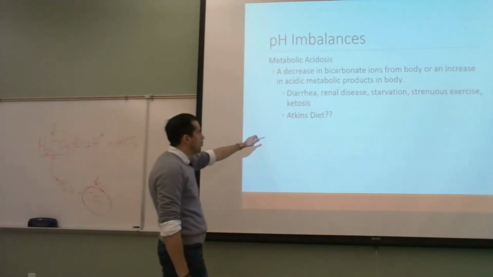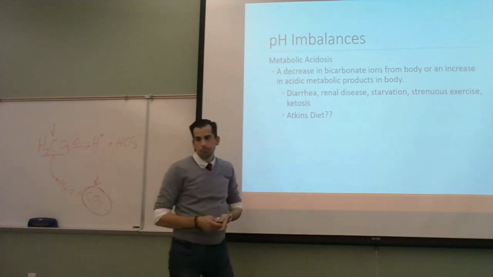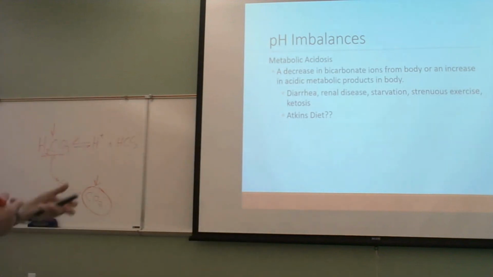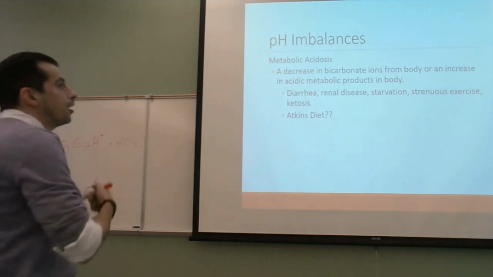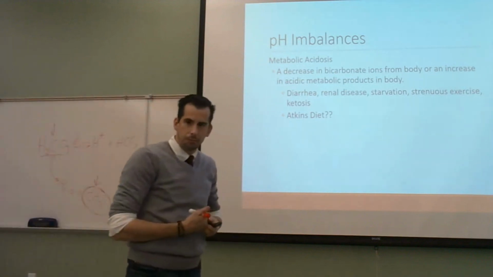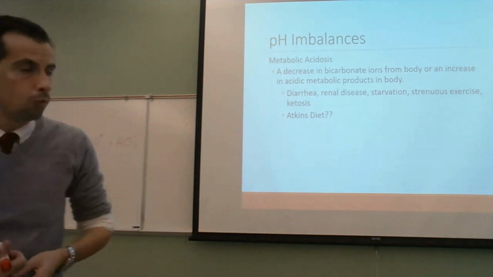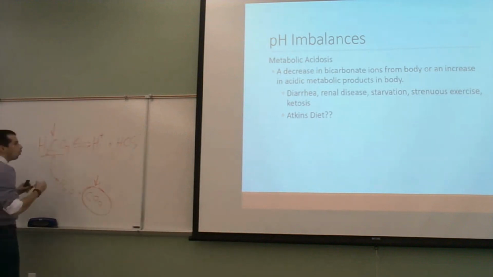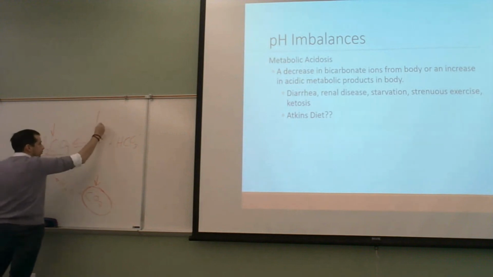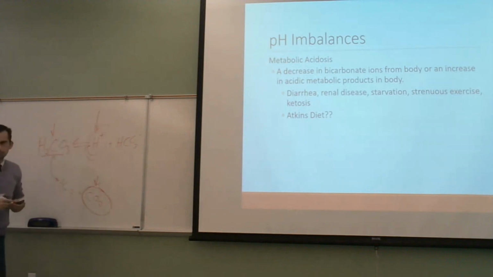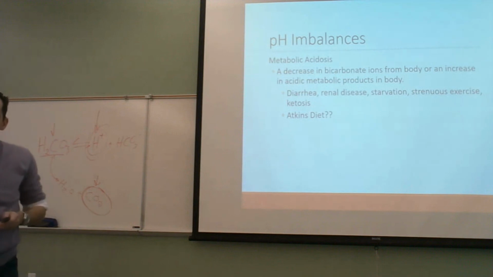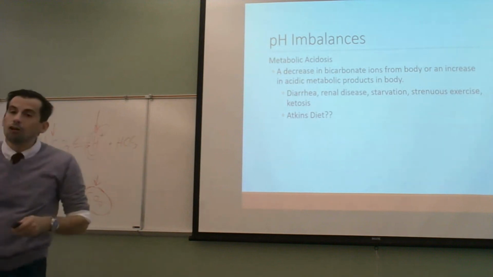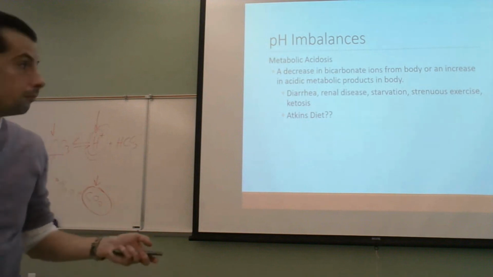Atkins diet puts you in the state of ketosis, which can increase acid levels. Strenuous exercise, you produce more lactic acid. So rather than manipulating the CO2 levels to change pH, you're dumping more free hydrogen ions into the mix, throwing off the equilibrium. Now, as a result, you may want to change your respiration rate based on your metabolism.